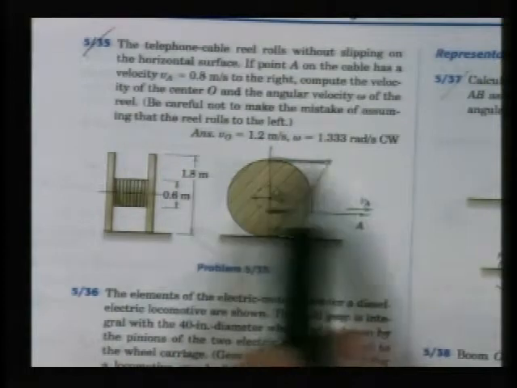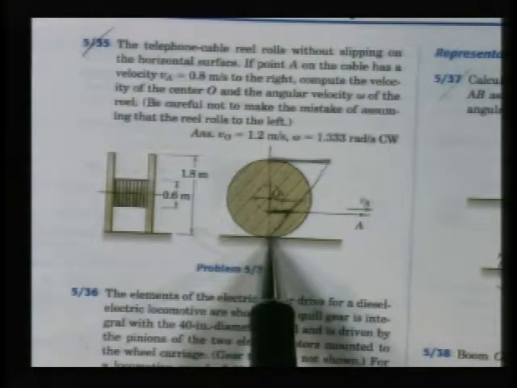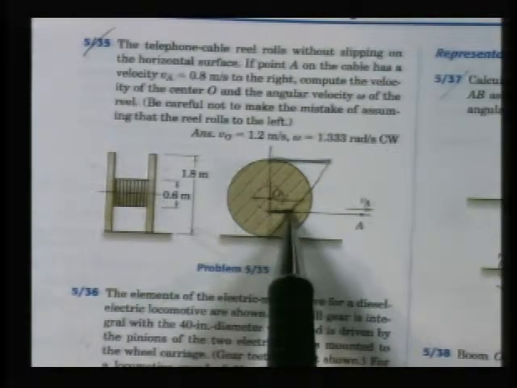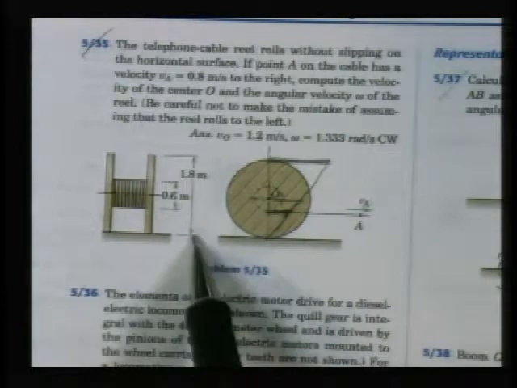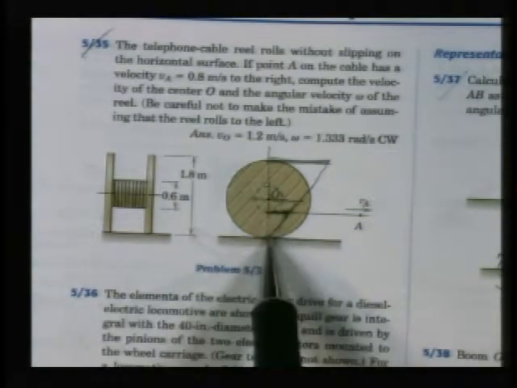And here's the speed of the top of the wheel. Okay, I think I got that dark enough that you can see it. And you know the geometry based upon the radii or the diameters given over here on the left. And so therefore, you can just scale that and divide.